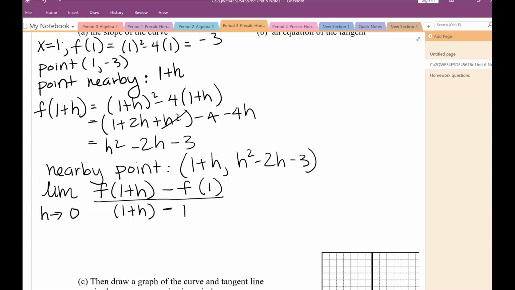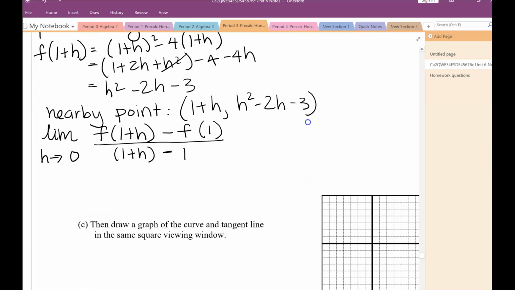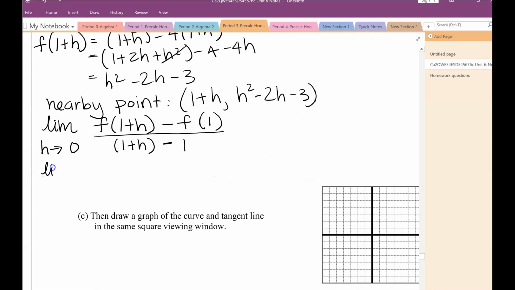So now, do I know this component? What's that component? This right here is y. What's this value? Right, we found it. So we just have to plug it in. So limit as h approaches 0, f of 1 plus h, that's the y value.